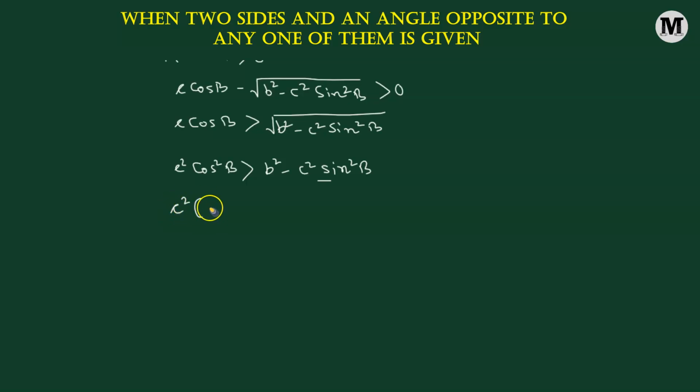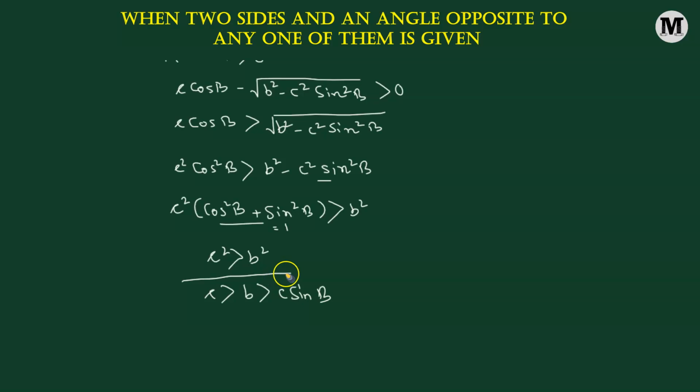So we get C squared multiplied by cosine squared B plus sine squared B, which has to be greater than B squared. Now we know cosine squared B plus sine squared B is an identity with a value equal to 1. So we get C squared is going to be greater than B squared. Finally we say that C is going to be greater than B, and we have already established that B is greater than C times sine of angle B.